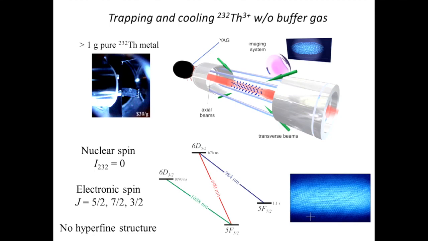And now, after switching to a longer trap, we didn't have to do so, and we were able to capture the ions and cool them in vacuum, which provided a number of advantages. First of all, everything is faster because we don't have to put the gas in and then pump it out. And it also avoids impurities in the vacuum chamber associated with the helium buffer gas.